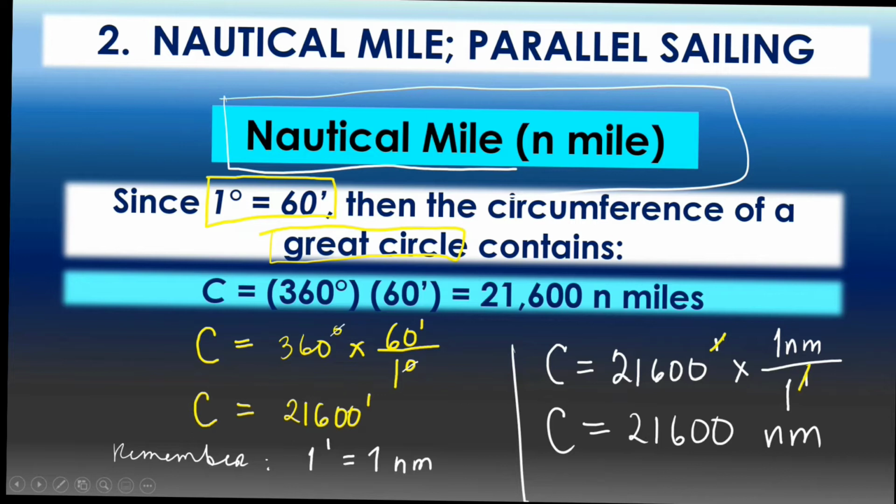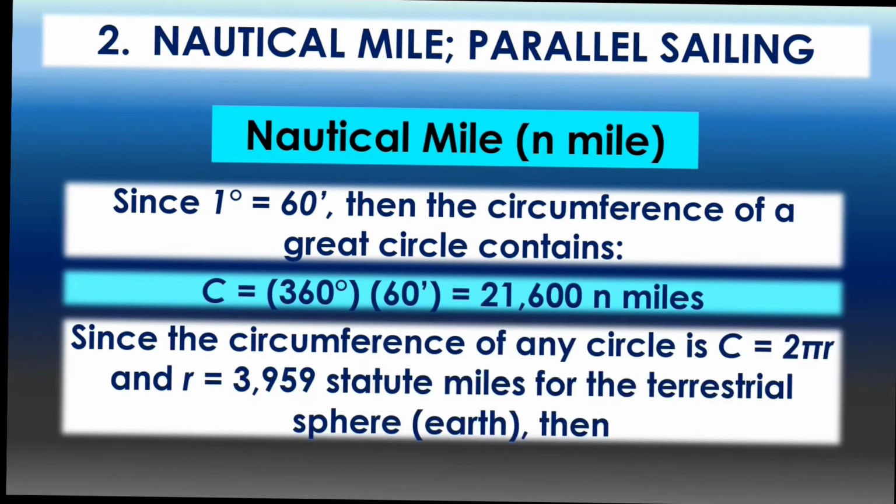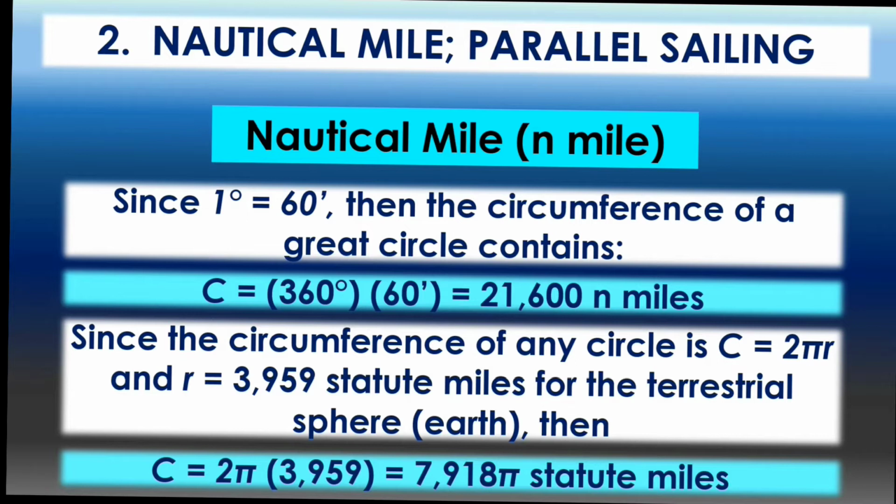Next. So continuing, I will remove the writings. Since the circumference of any circle is C equals 2 pi r, and r is equal to 3,959 statute miles for the terrestrial sphere, the Earth, then the circumference is equal to 2 pi times 3,959, which is 7,918 pi statute miles.